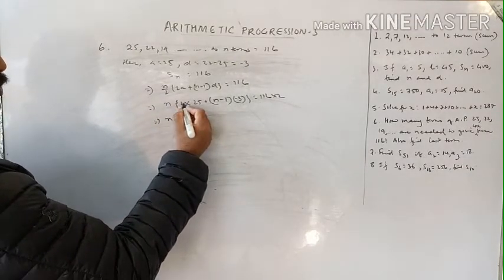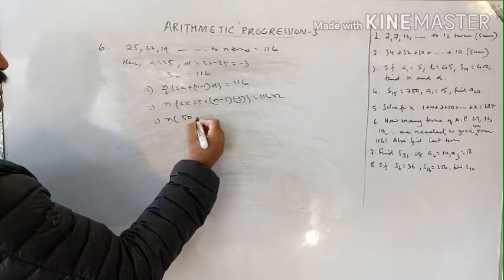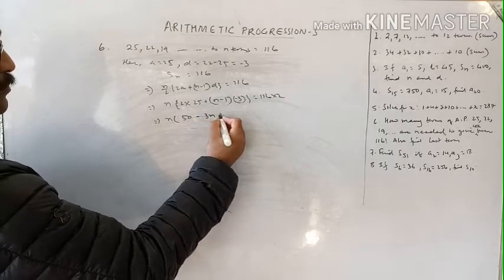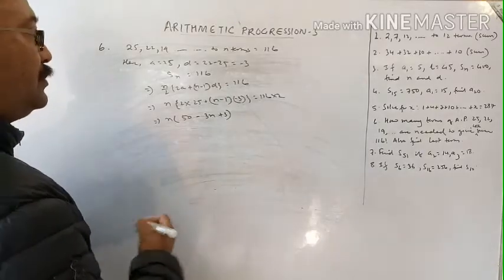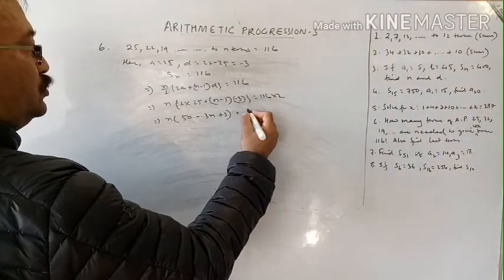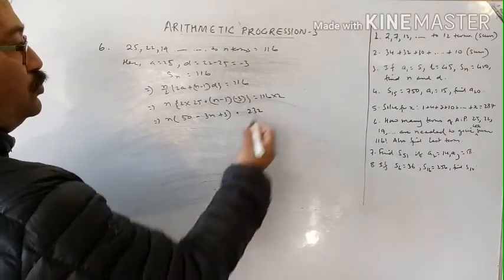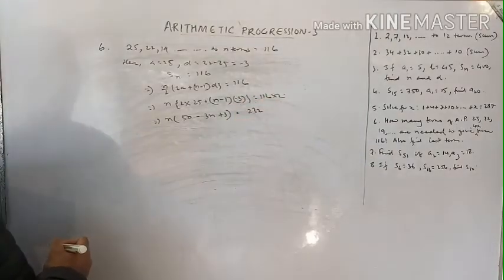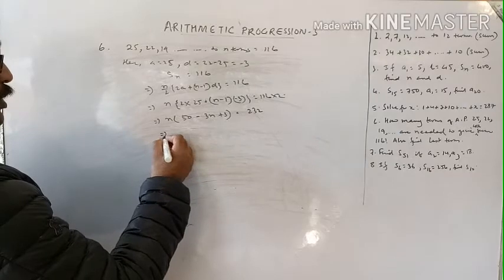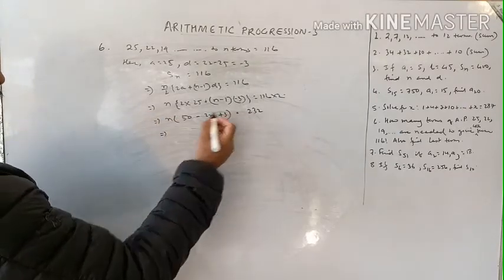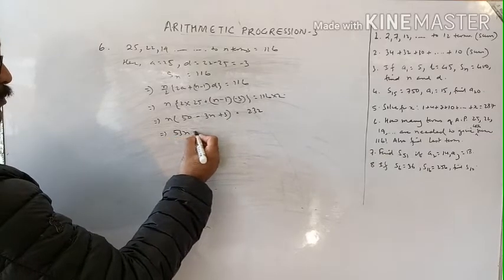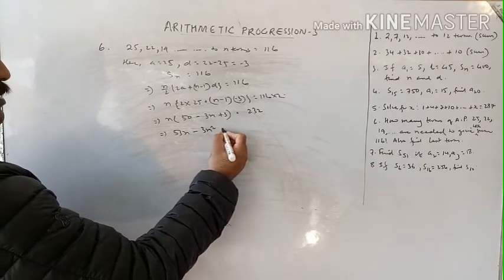So 2 into 25 is 50. Then if you open the bracket, you get minus 3n plus 3 equal to 232. So if you open the bracket here, 50 plus 3 is 53, so you get 53n minus 3n square equal to 232.